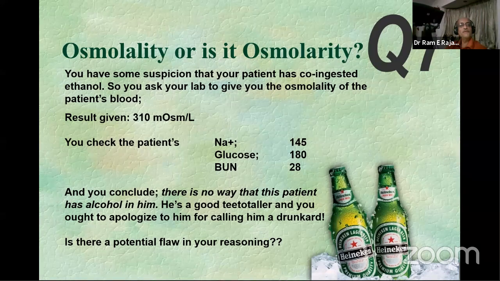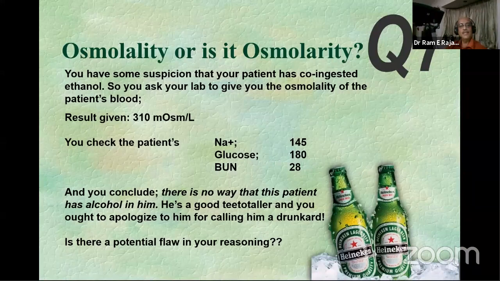It's very important. Okay, if there's nobody there to unmute, I will just go ahead with reading the question. You have some suspicion that your patient has co-ingested ethanol. It is not very uncommon, please remember that. Many people who come in with a toxicological problem may have taken something, but it is very common for them to have co-ingested other agents. And you have a suspicion that the patient may have co-ingested ethanol. So you ask your laboratory to give you the patient's osmolarity of the blood.